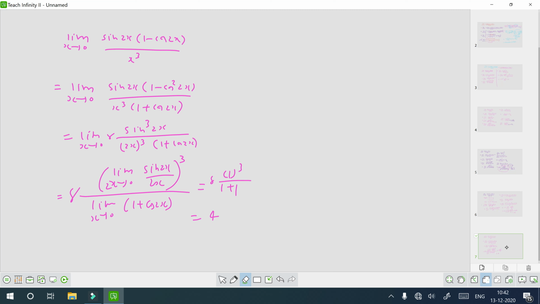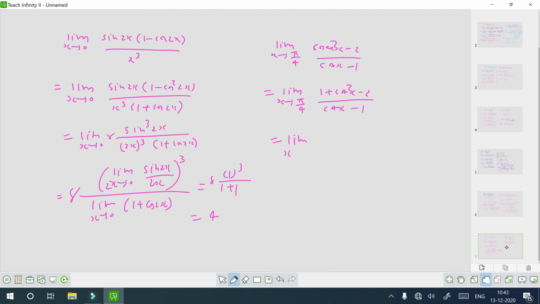Limit x tends to pi by 4, (cosec square x minus 2) upon (cot x minus 1). See, very easy, dear friends. Limit x tends to pi by 4, (1 plus cot square x minus 2) over (cot x minus 1).